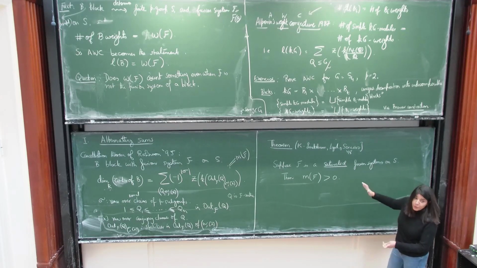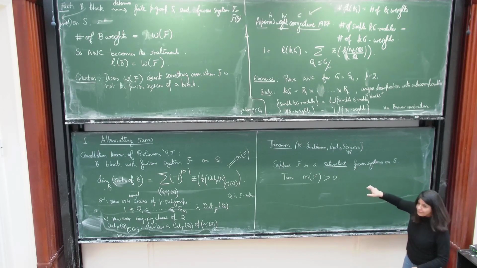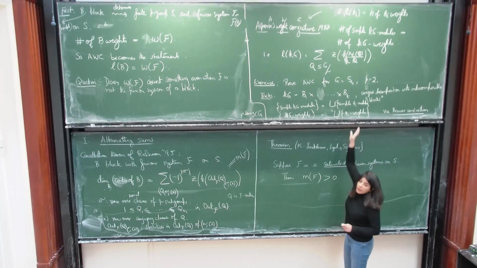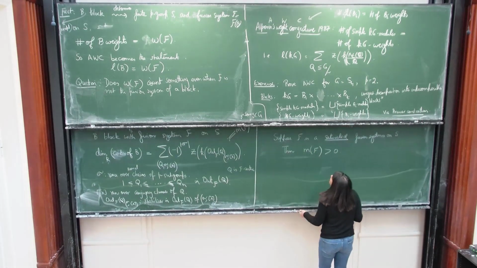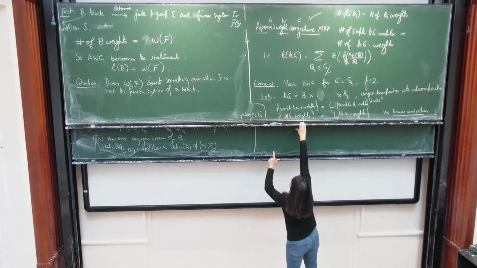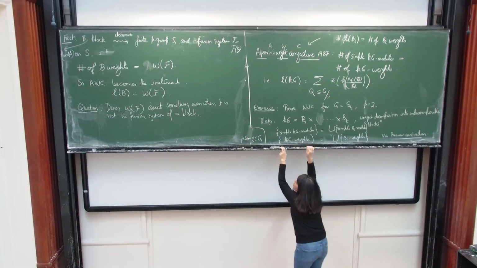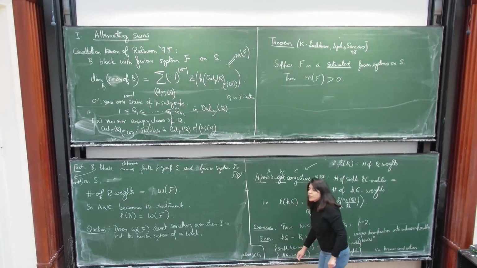Okay, so that's one theorem, and then I will give another theorem which totally looks different. This theorem in this paper that we wrote is sort of the starting point.